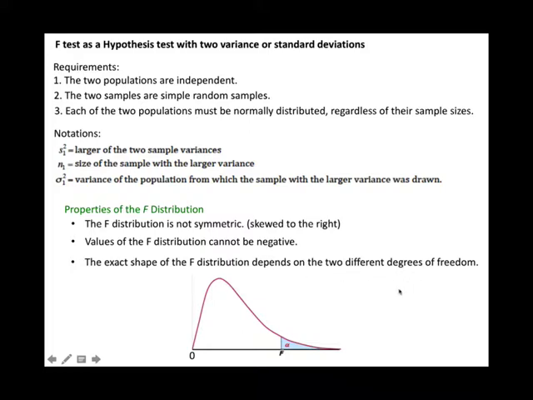If you are using the F distribution table, you need to find the degrees of freedom for the numerator and for the denominator. But since we're using the calculator, we don't really care about the degrees of freedom. But changing the degrees of freedom will change the shape of the F distribution.